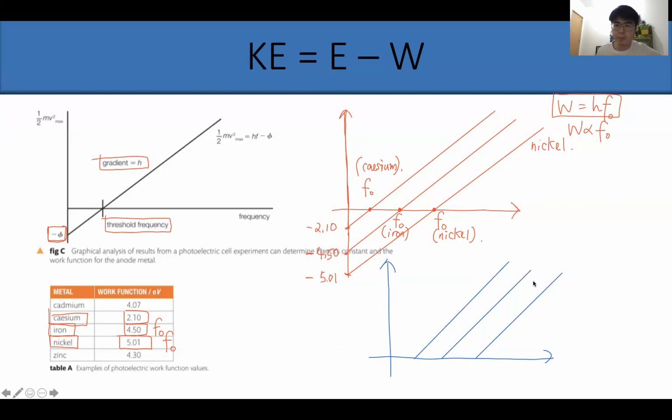They show you 3 different metals, with f naught 1, f naught 2, f naught 3: nickel, iron, and calcium. A graph of KE maximum against f.